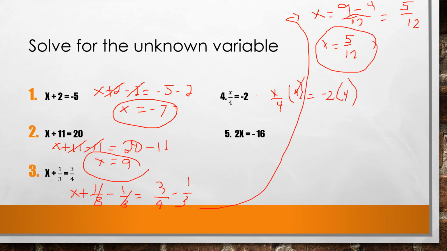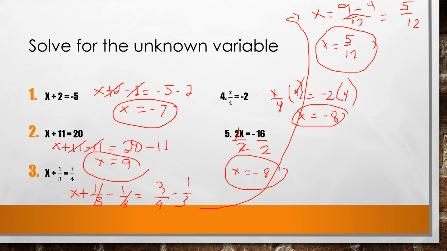So this is cancelled. Therefore, x is equals to negative 8. Okay. Next, here, we need to divide both sides by 2. So cancel. Okay, x is equals to negative 8.